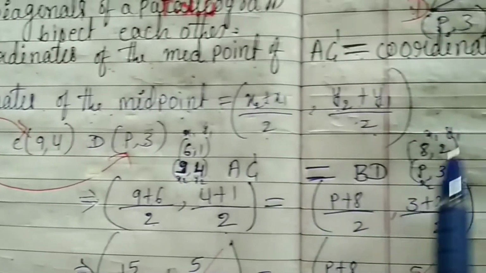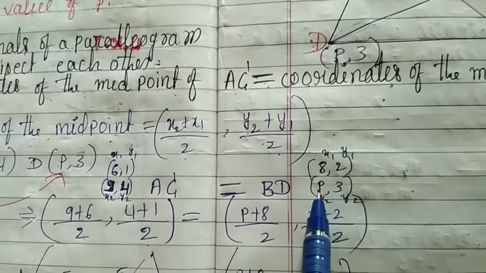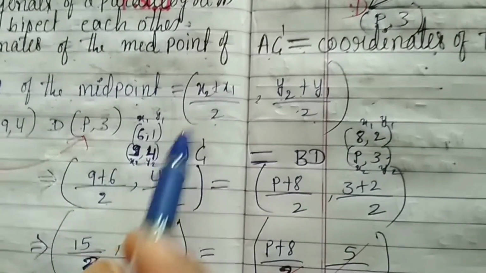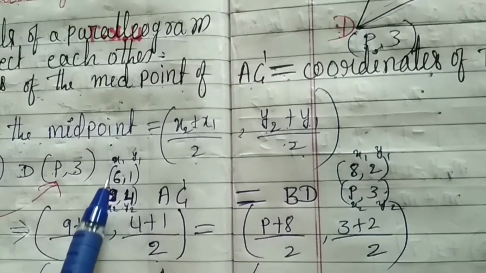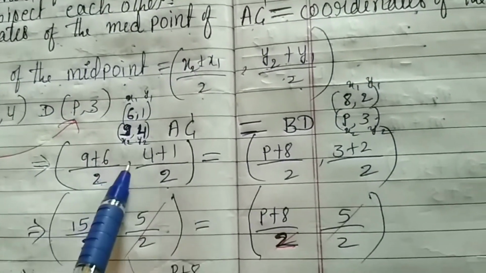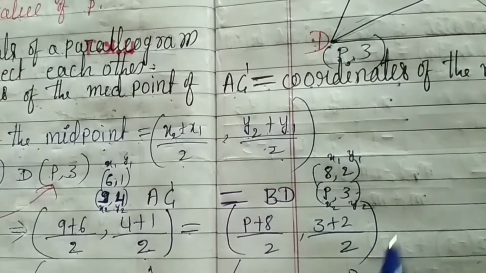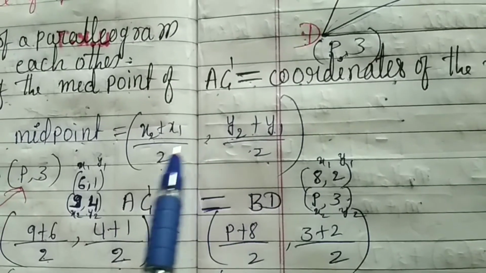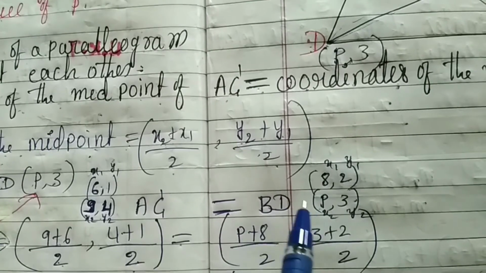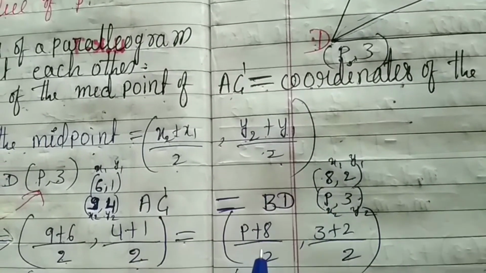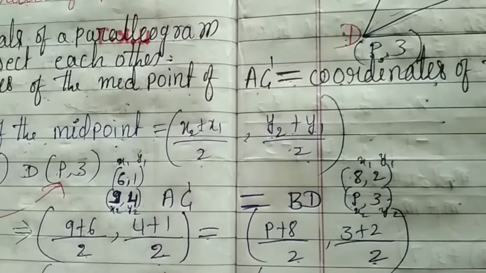We take BD, points 8, 2 and P, 3. First, for AC, x2 plus x1 divided by 2 means 9 plus 6 divided by 2, 4 plus 1 divided by 2, is equal to, for BD, x2 plus x1 divided by 2 means P plus 8 divided by 2, 3 plus 2 divided by 2.